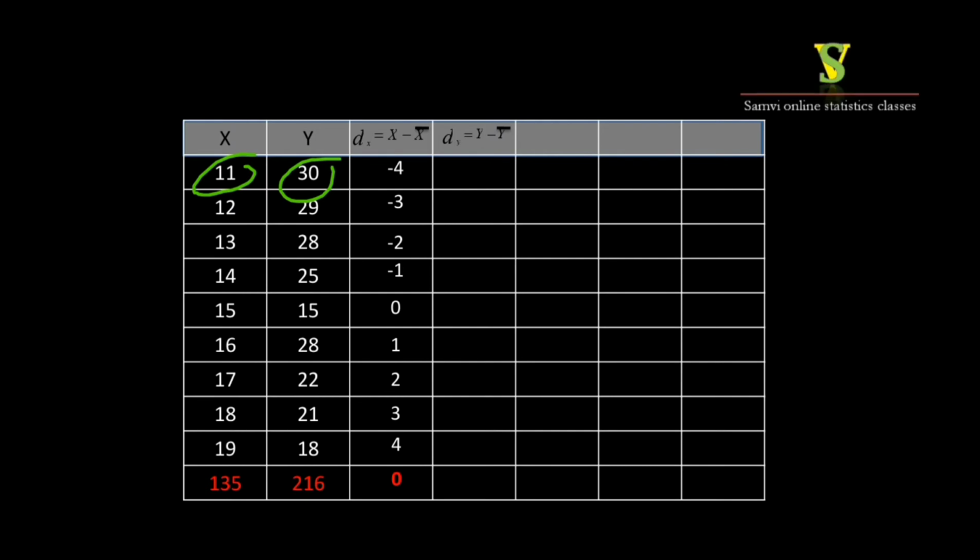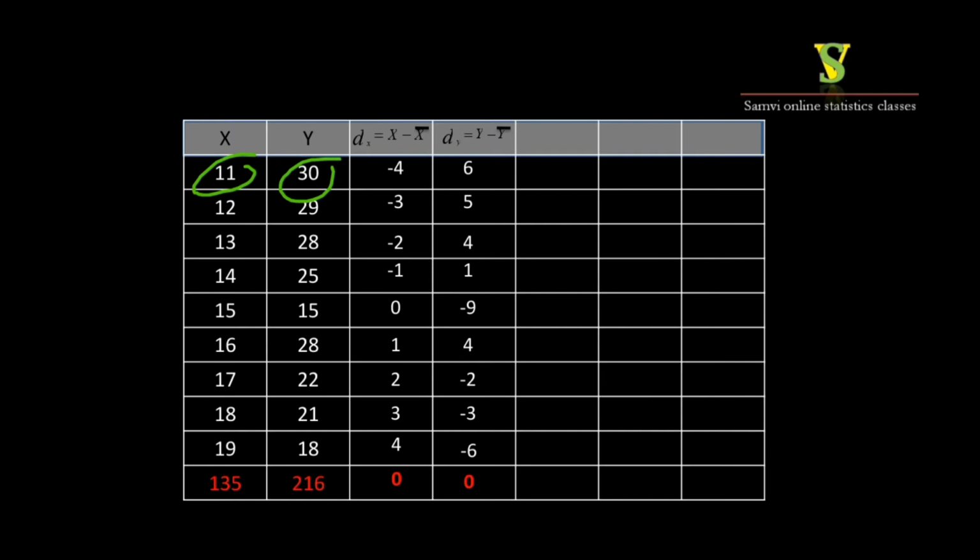Next, 29 minus 24 is 5. 28 minus 24 is 4. 25 minus 24 is 1. 15 minus 24 is minus 9. 28 minus 24 is 4. 22 minus 24 is minus 2. 21 minus 24 is minus 3. 18 minus 24 is minus 6. If I take the total, I'll get 0.